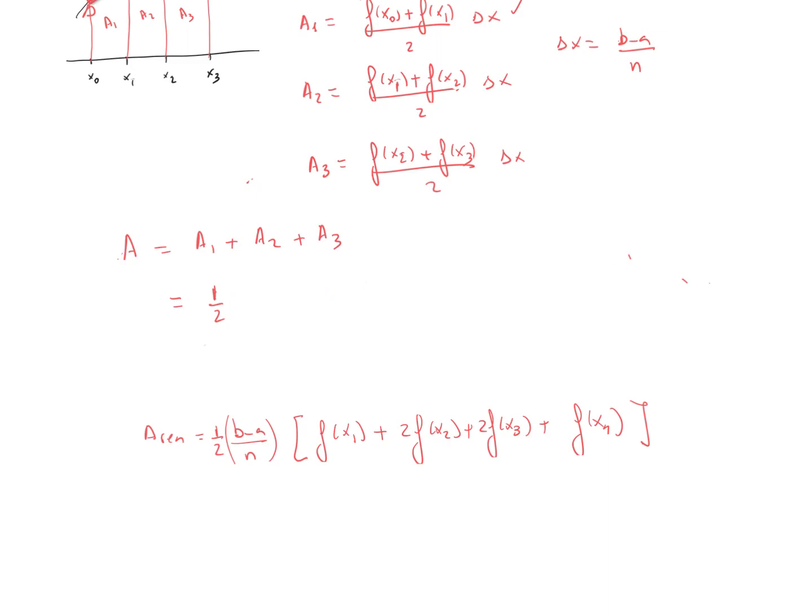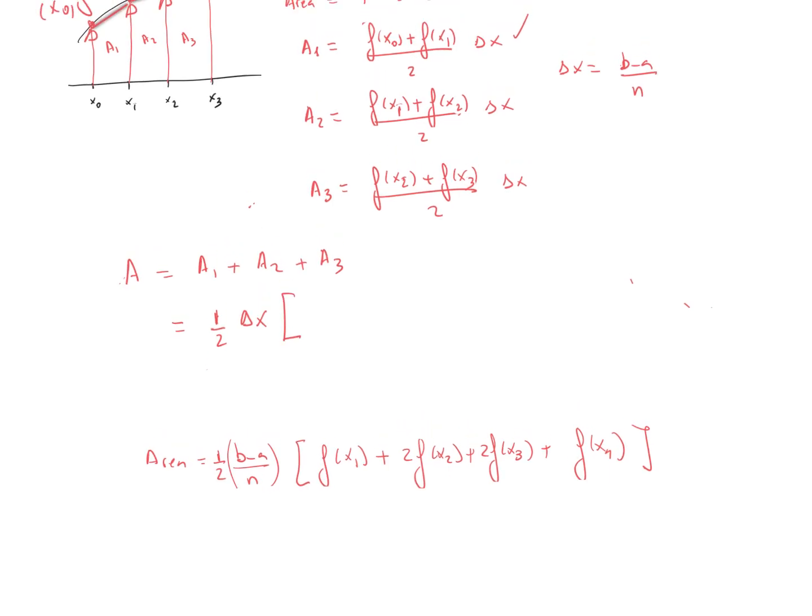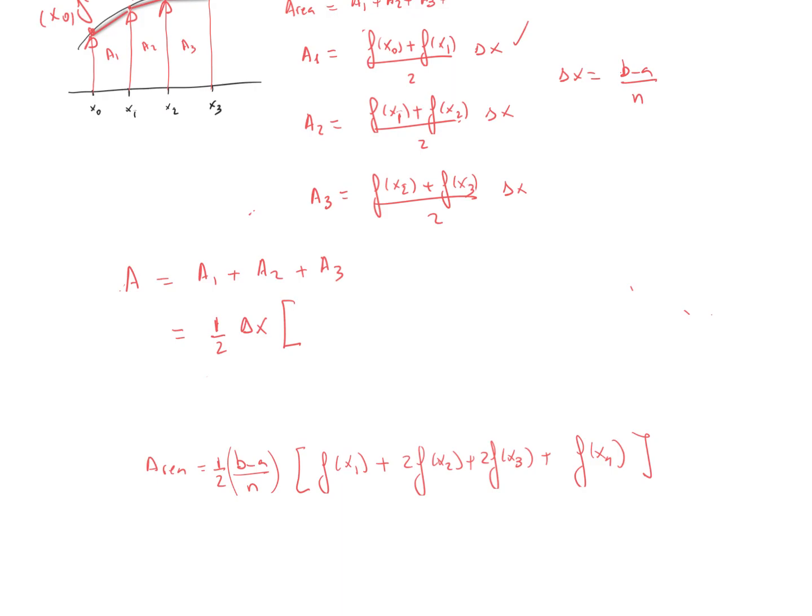It is 1/2 times delta x, where delta x is b minus a divided by n, multiplied by f of x0 plus f of x1 plus f of x1 again plus f of x2 plus f of x2 again plus f of x3.